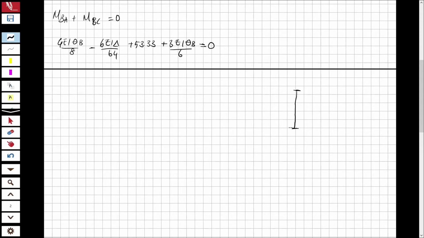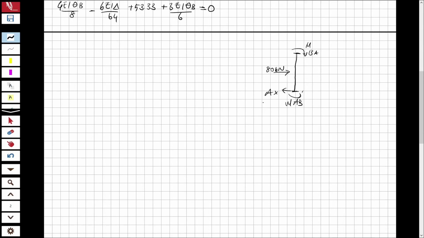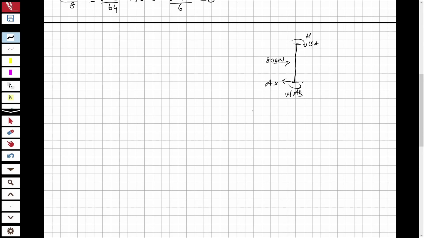I have an AX, and I convert the distributed load to a point load of 80 kilonewton, and this is my BA, and this is my AB moment. Now how am I going to find AX?